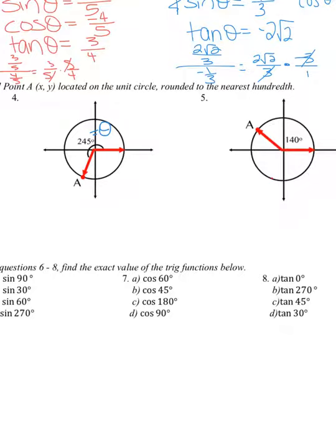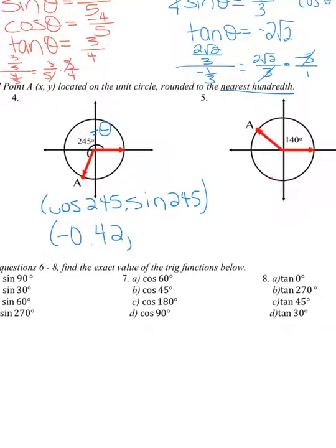So I use those rules that we just did. I use the cosine of 245 for the x value, right? Because 245 is theta. And then the sine of 245 for the y value. The cosine of 245, type it into your calculator. This says I'm rounding to the nearest hundredth, is negative 0.42.